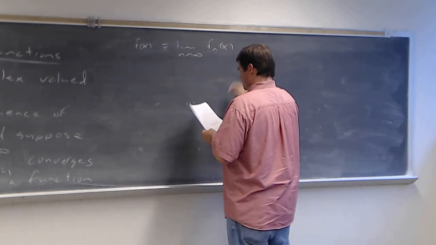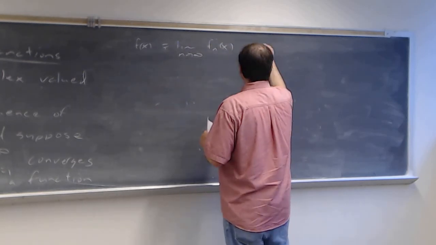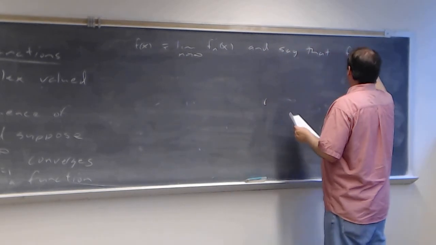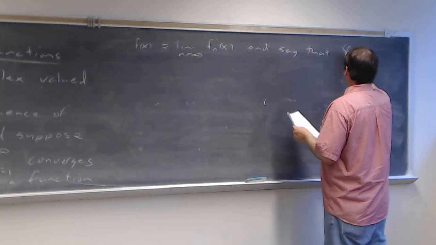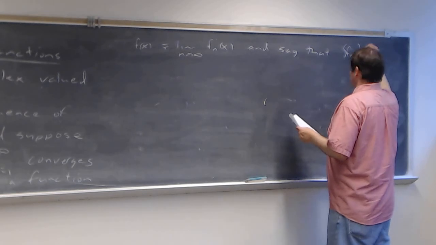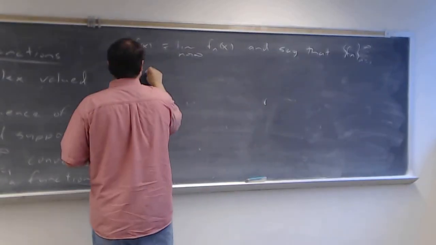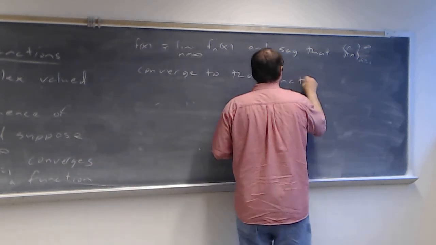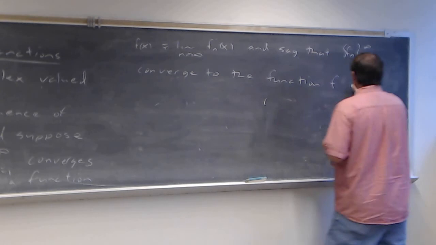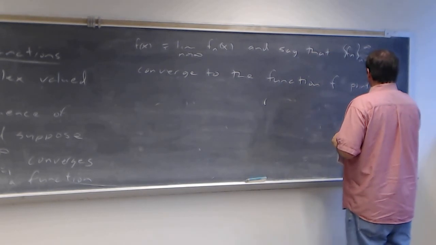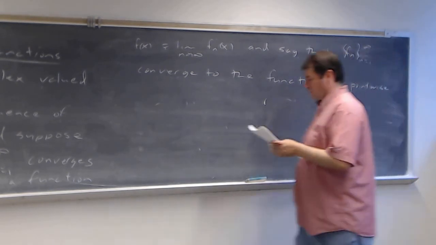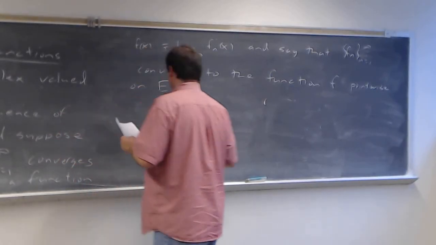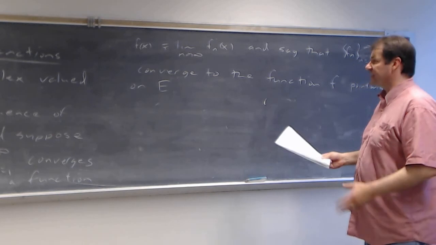And we say that f sub n, as a sequence of functions, converges to the function f pointwise on E. Okay. So that's the definition.